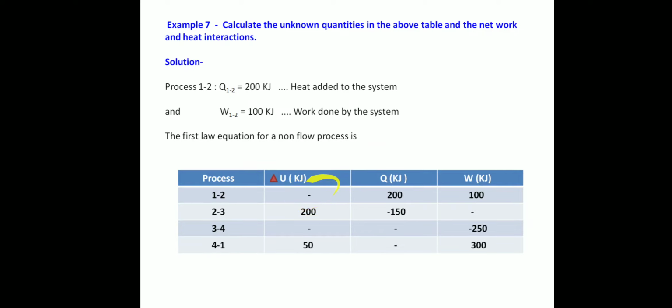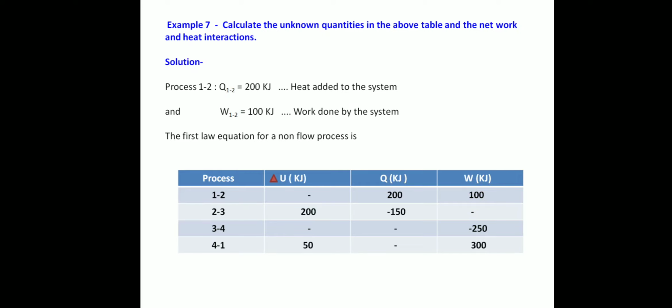It means we have to calculate delta U for the 1-2 process when Q is given, that is 200 kilojoules, and W is given, that is 100 kilojoules. So we have to apply this value of Q and W in the first law equation, and calculate delta U value for the 1-2 process.